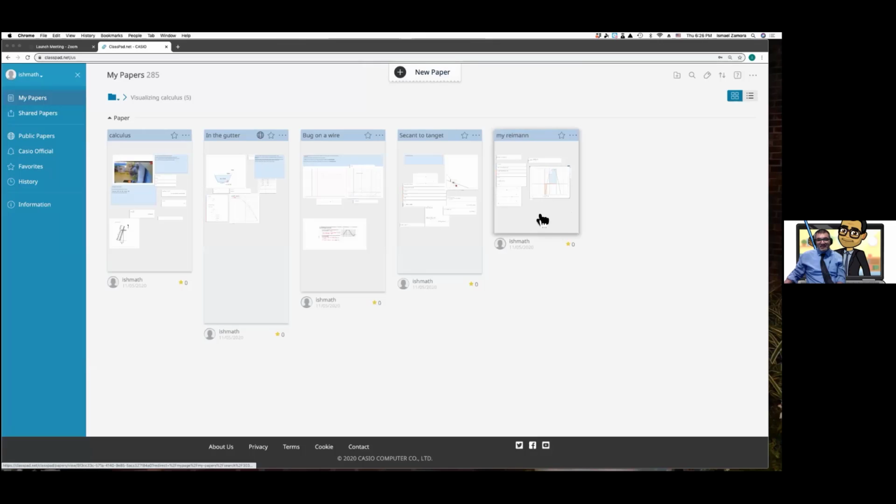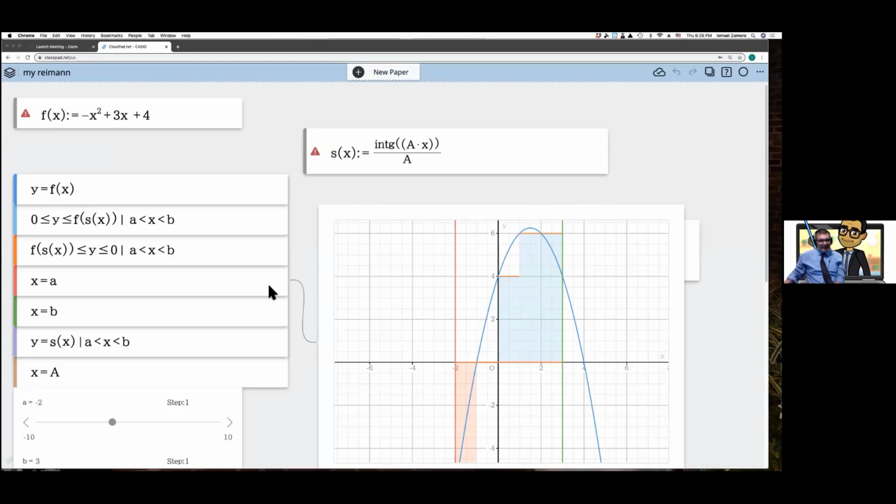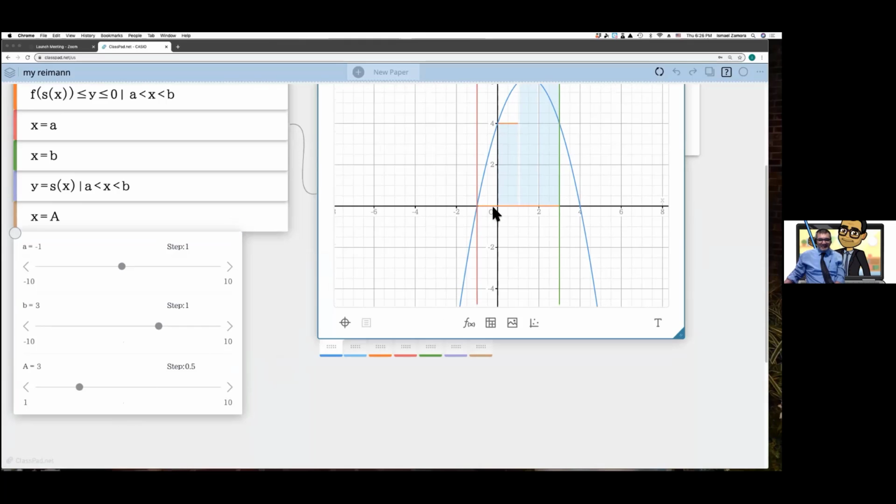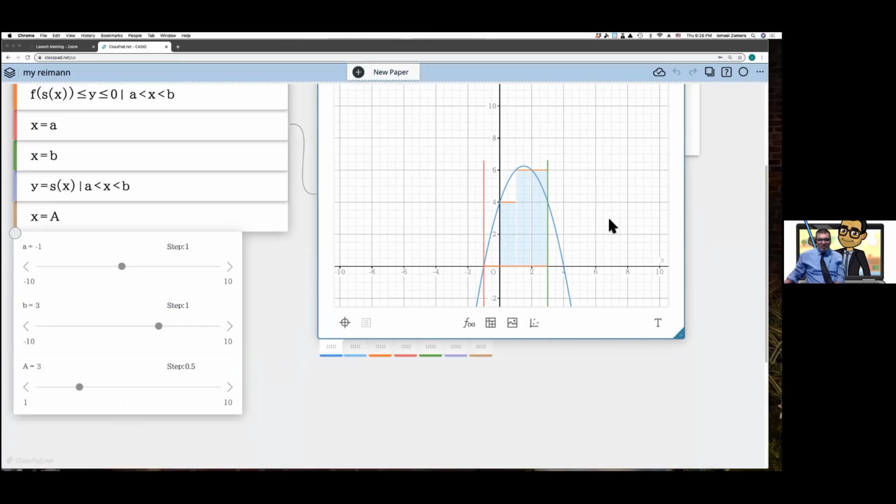All right, last one. I will do this one super fast. Here's the power of Classpad. This is accumulated area under a curve using Classpad and a slider or two. All I'm doing is moving A, and the other thing is how many slices I want to make. I'm going to make that many slices and zoom out.